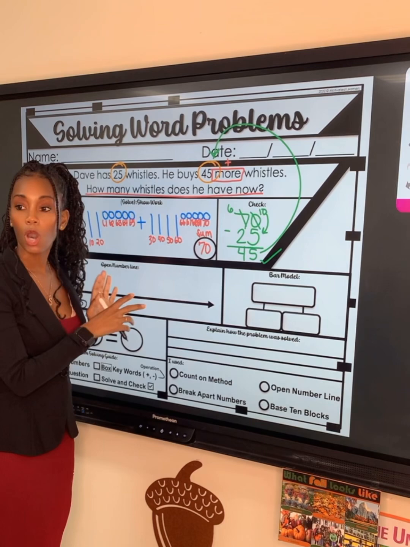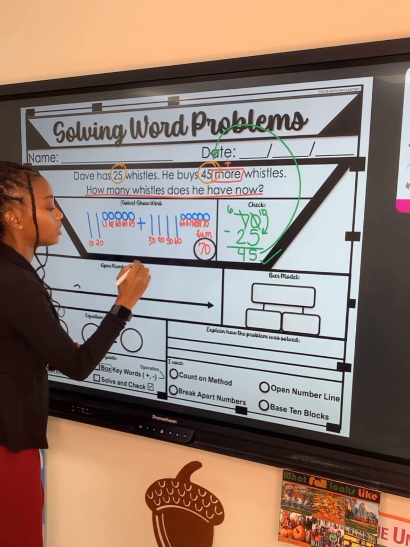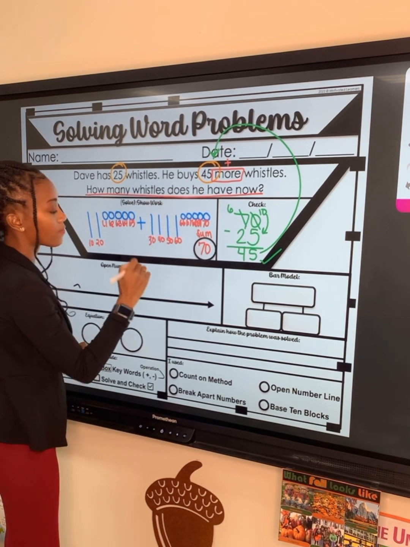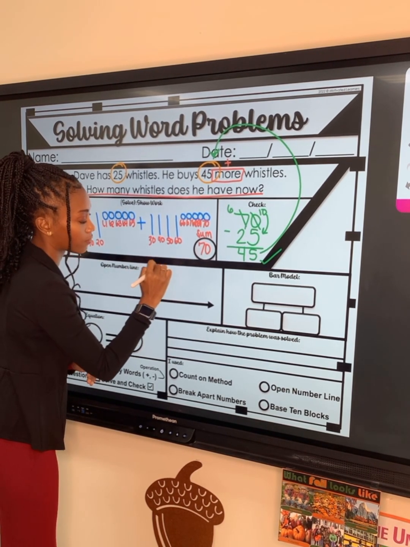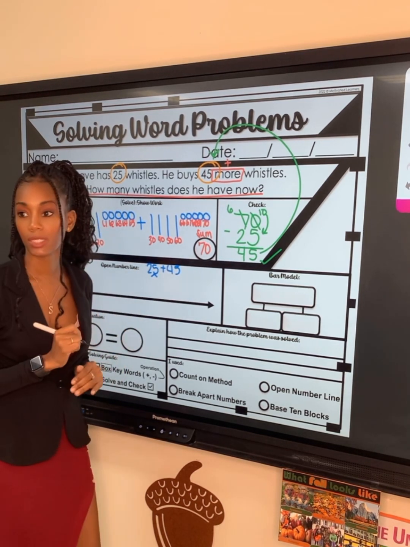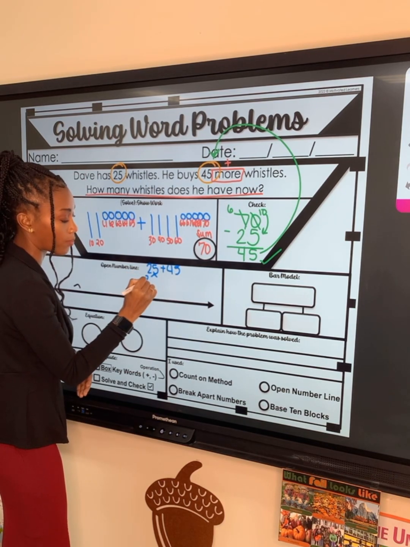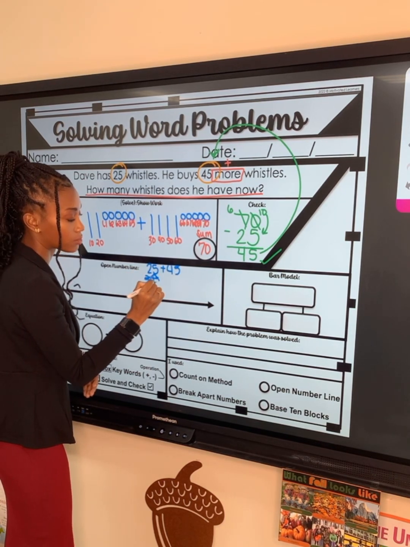I'm going to use the open number line to find the sum of the same problem. So if I have 25 plus 45, I'm going to break apart the smallest number using my expanded form. So 25 broken up would be 20 plus 5.